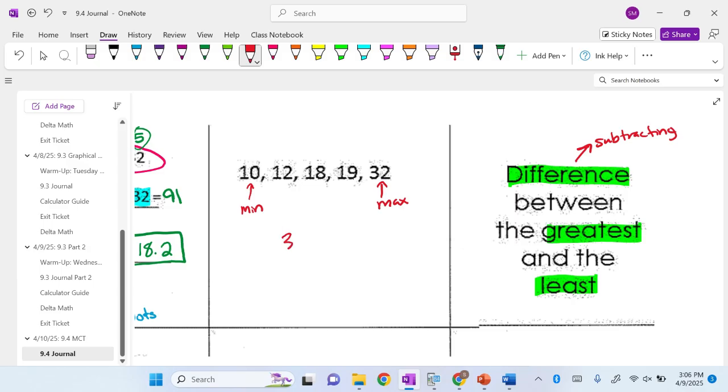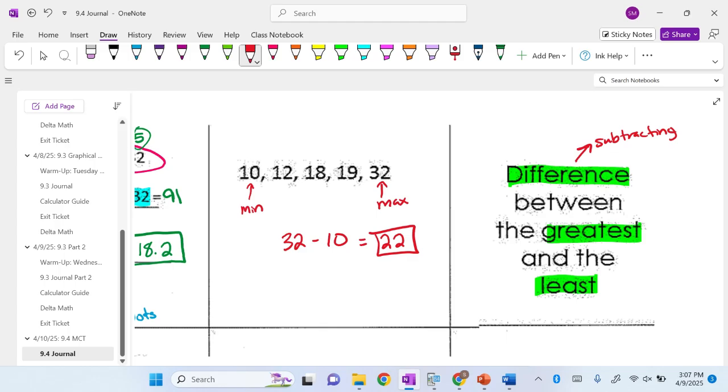So we would just do 32 minus 10, and our range would be 22. That means that between 10 and 32, there are 22 different numbers or outcomes that could occur if that's what we're looking at.